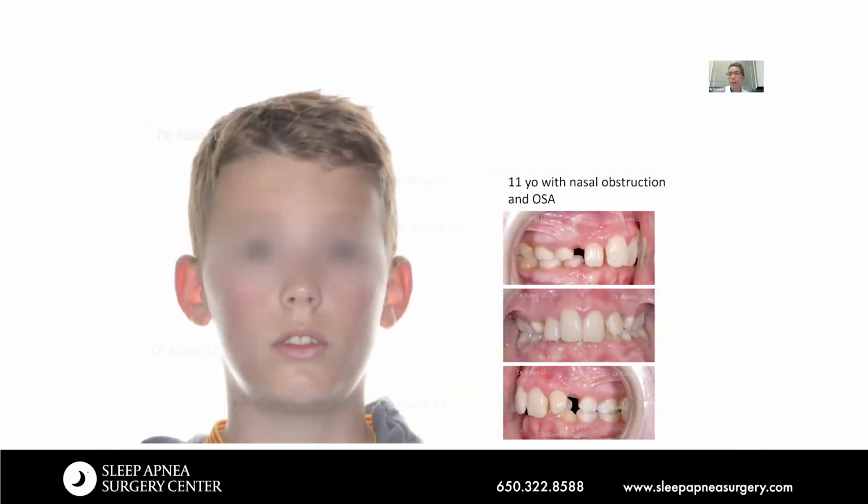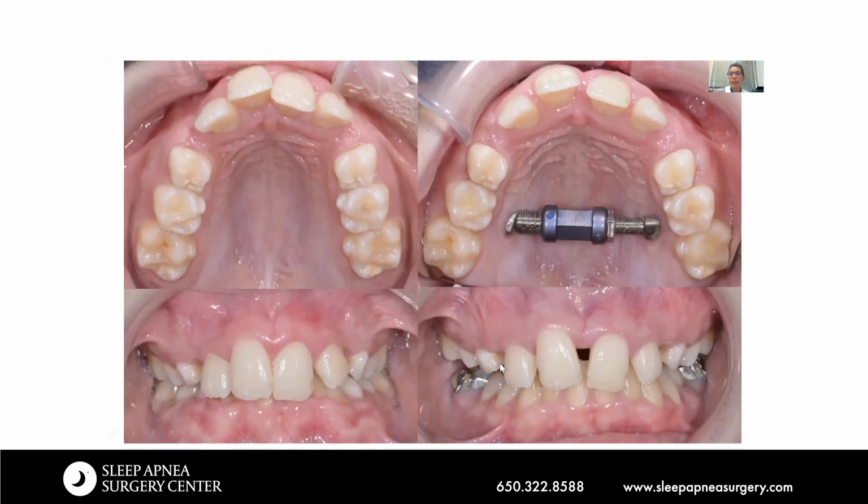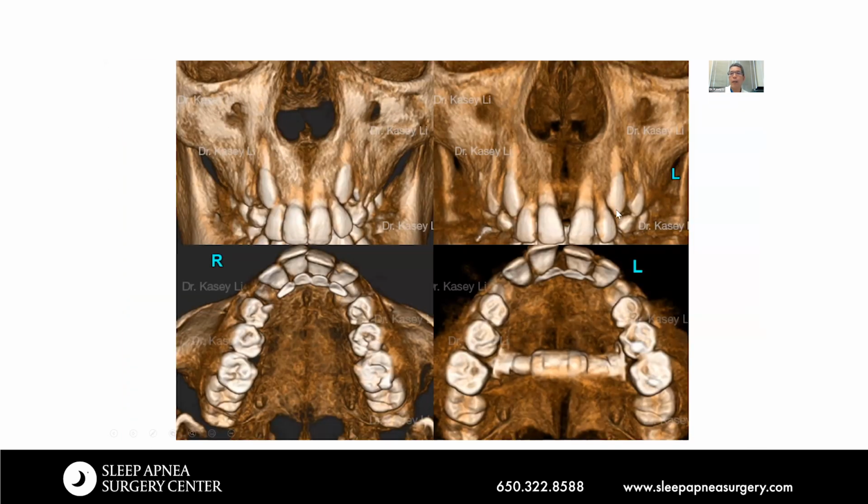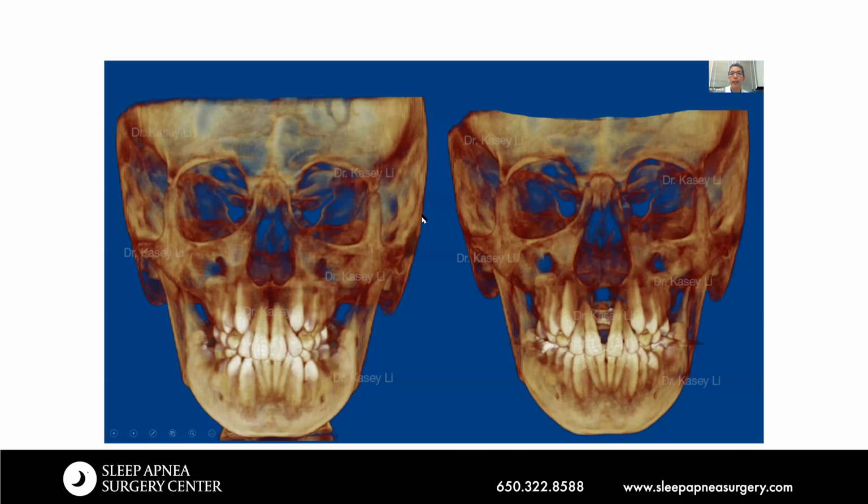This kid could not get out of bed. Problem getting out of bed for school, always tired, grouchy. He was expanded, he had a great deal of expansion, and the parents said it's night and day difference. You could see the extent of expansion without altering the oral morphology so dramatically.